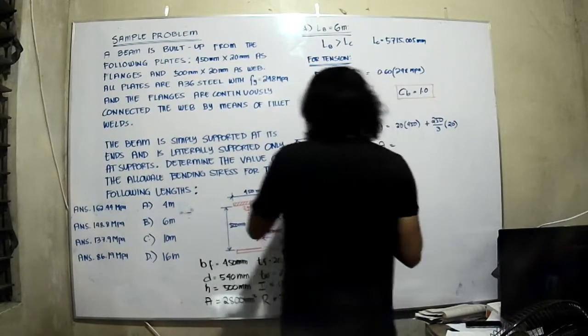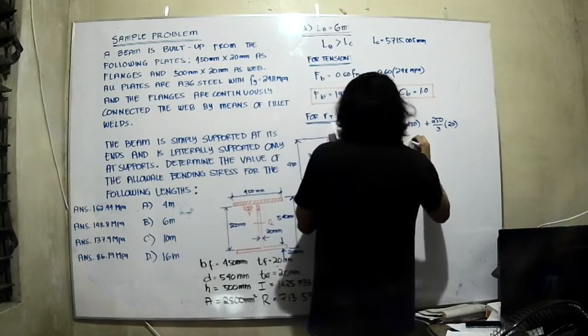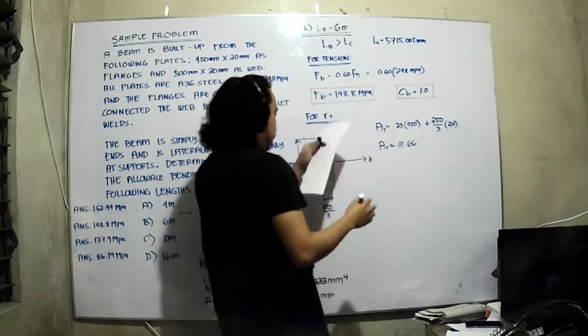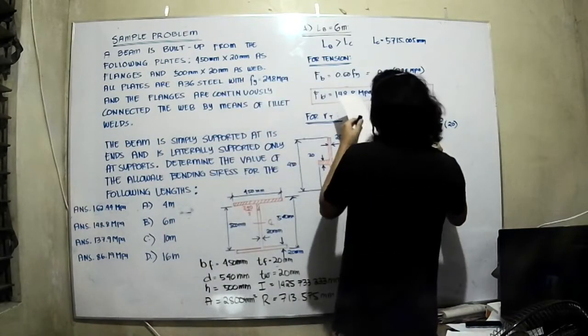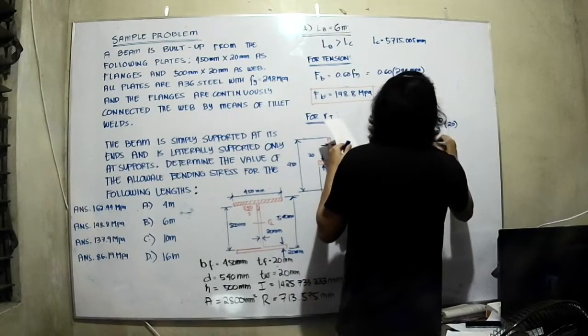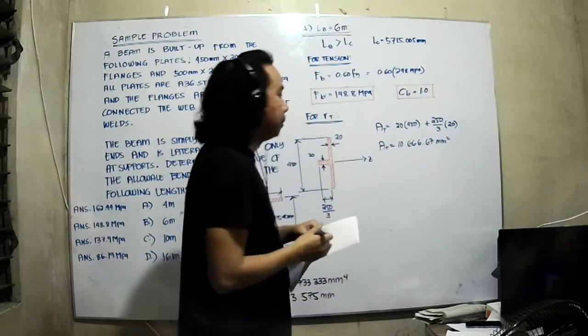A is equal to 10,666.67 square millimeters.